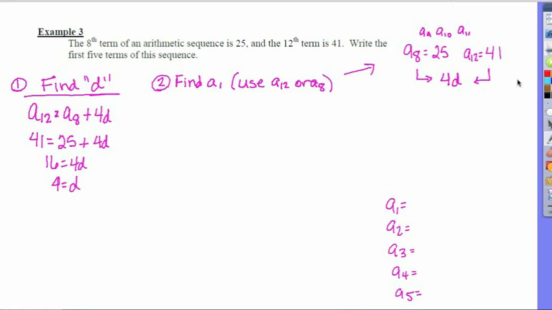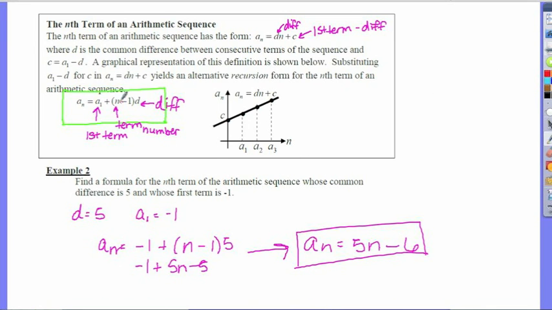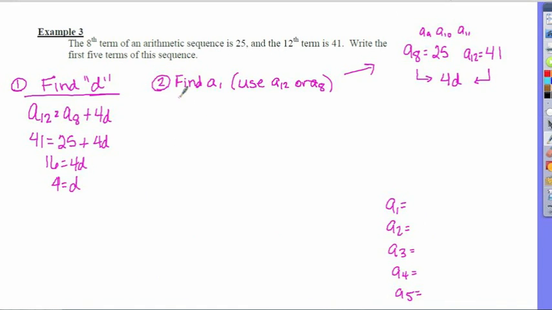We're going to go back, use this equation, plug in what we know, and figure out what A1 is. This will be missing. We don't know what A1 is. So let's figure out what we know. I'm going to use A8. That's just the one I'm going to choose to use. You don't have to use A8. You can use any term number you want, or you could have used A12, but I'm going to use A8. So term 8 is 25.